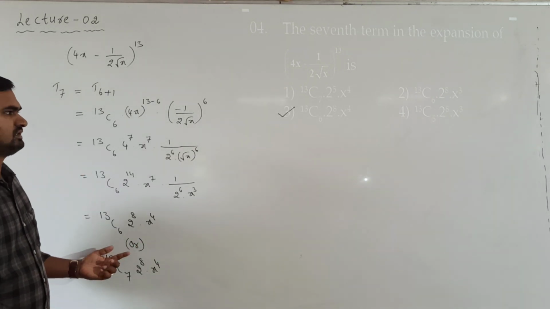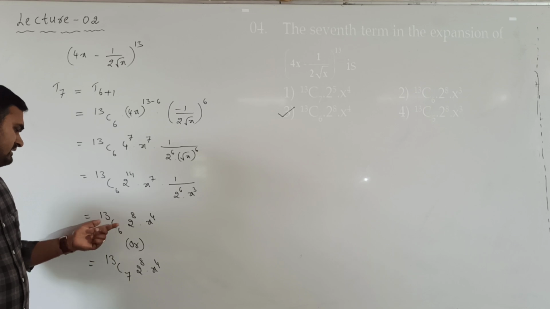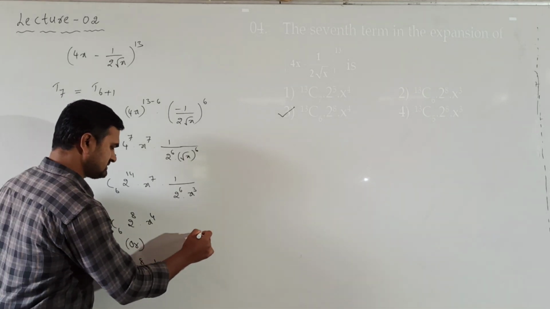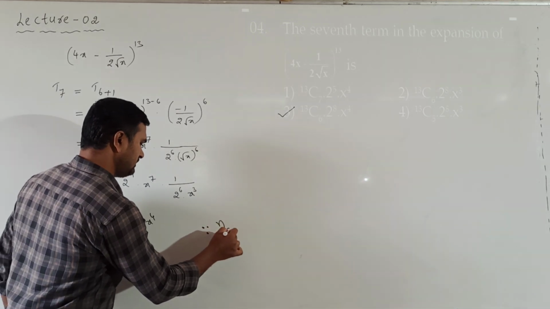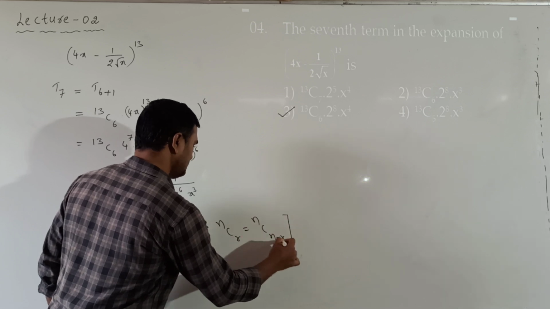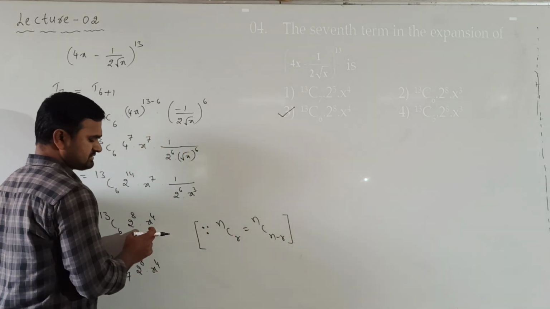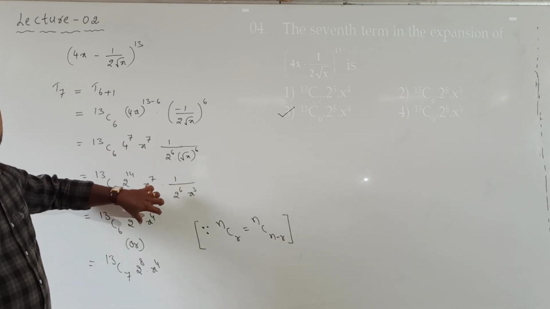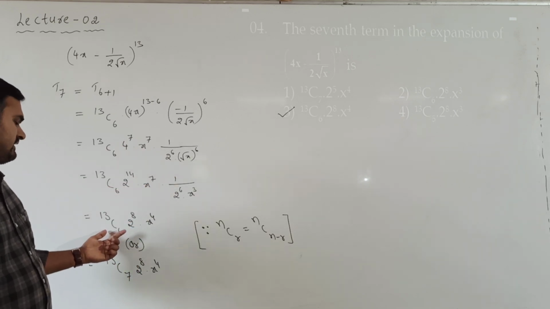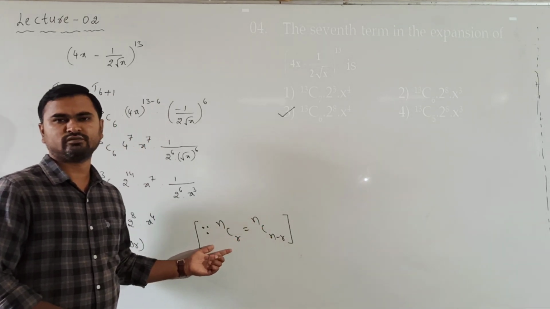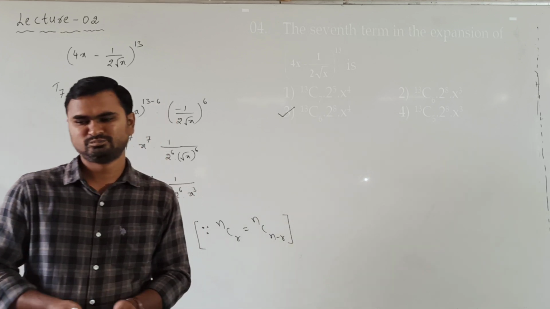One of these options will be there, either 13c6 or 13c7. If this option is not there, don't think there is some calculation mistake. Whenever options are in terms of nCr, we have to check for nC n minus r, because both values are the same.